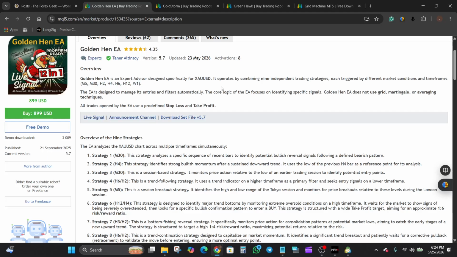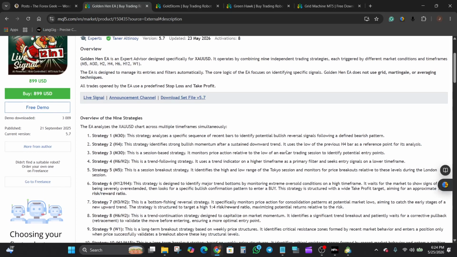So right away, this is a multi-layer system that is trying to interpret the market from different perspectives at the same time. One important point I notice is that it clearly states there is no grid, no martingale, and no averaging system involved. Every trade uses a predefined stop loss and take profit, which means risk per trade is structured rather than open-ended.